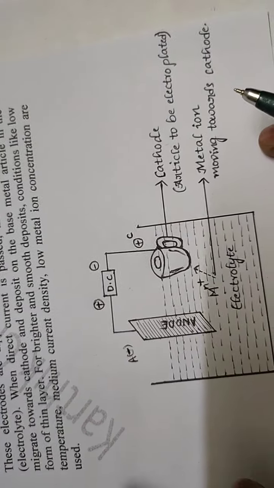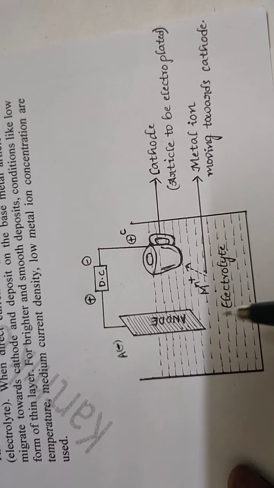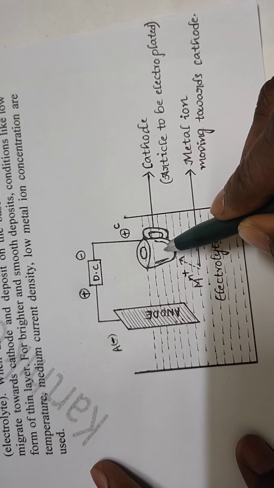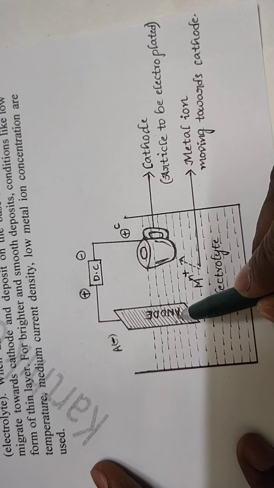So see the diagram here. Once again I am explaining to you. See the diagram, students, don't be confused. It is the base metal, it is the coating metal.